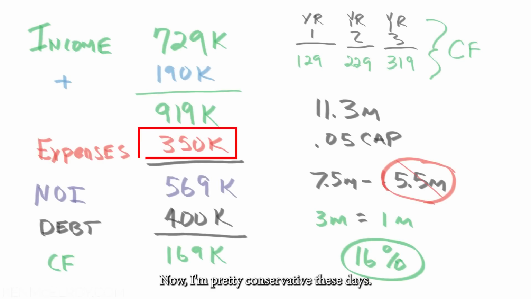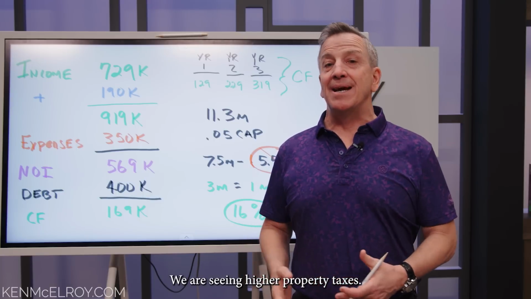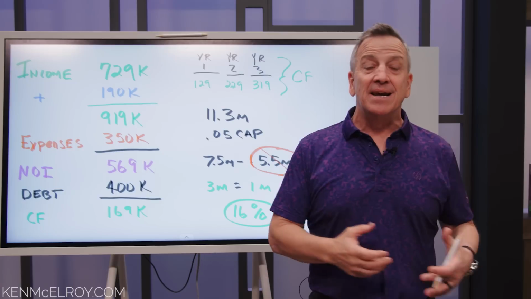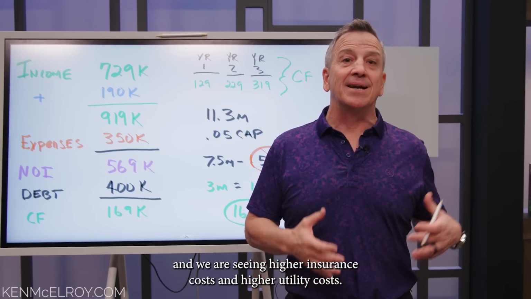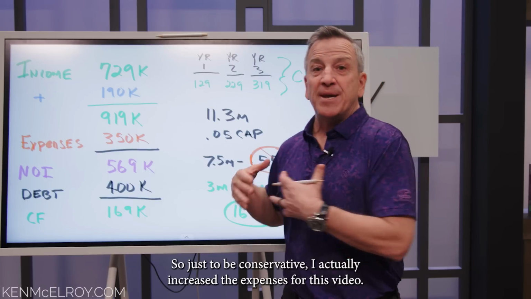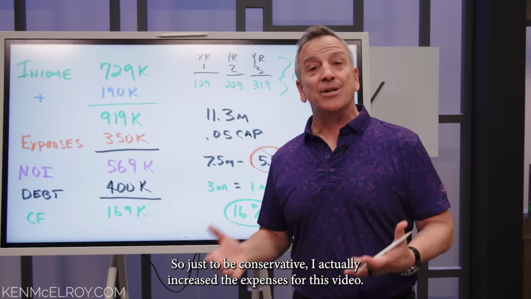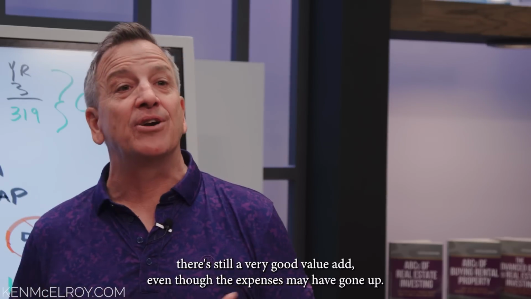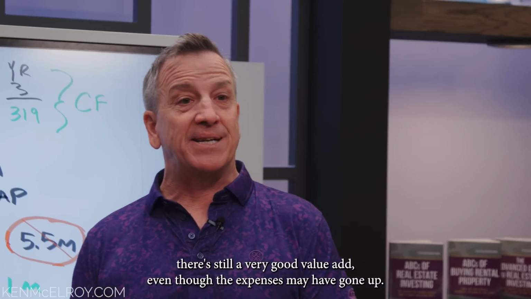Now I'm pretty conservative. These days we are seeing higher property taxes when you purchase something at a higher price, and we are seeing higher insurance costs and higher utility costs. So just to be conservative, I actually increased the expenses for this video so I can show you that there's still a very good value add even though the expenses may have gone up.